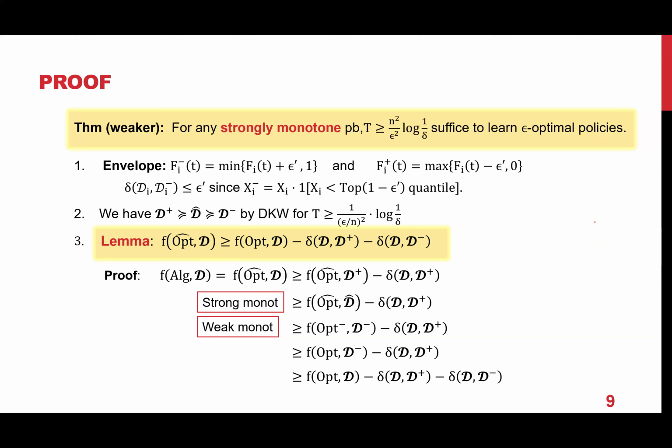You replace D by D plus, and this is up to a TV distance, fine. Replace this D plus with D hat. This is using strong monotonicity. At 2 places you have to apply this monotonicity. And weak monotonicity is only weaker than strong. Then it's just some rearrangement. Nothing fancy beyond that. It's more the setup and so on that such a result exists.